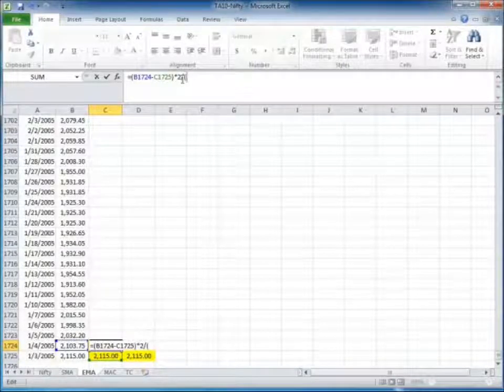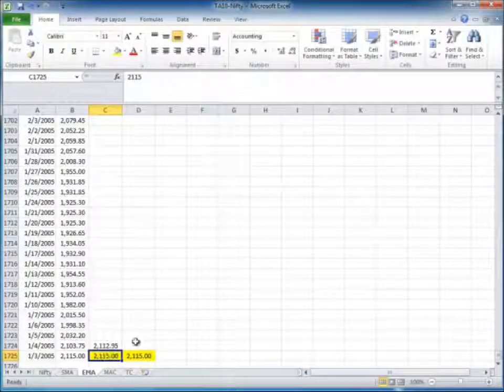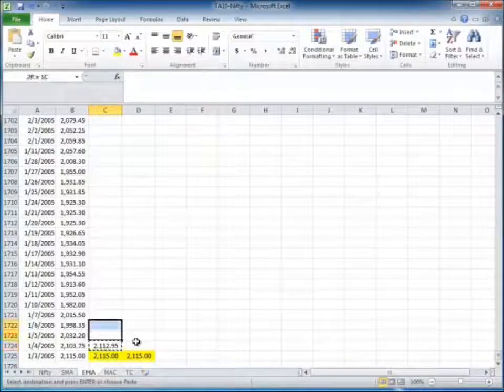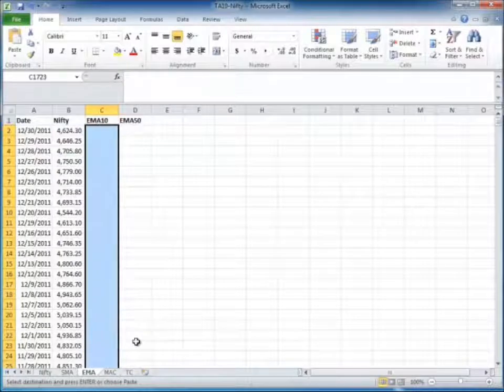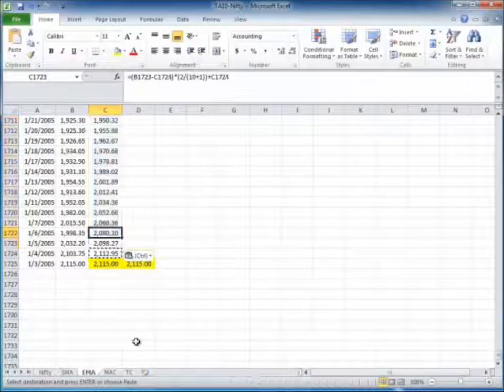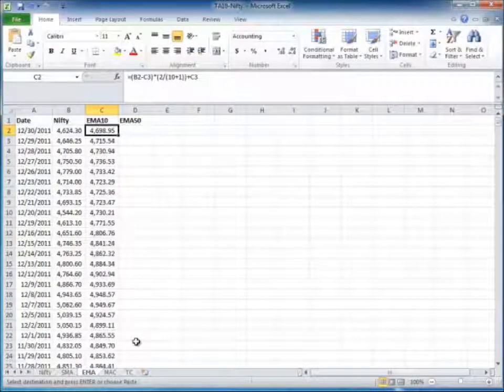So in this case, it'll be 10 plus 1. Okay? And then we add the previous day's moving average. So that's what it will be. And then we can take this formula and copy it all the way up. And this gives us the 10-day exponential moving average.